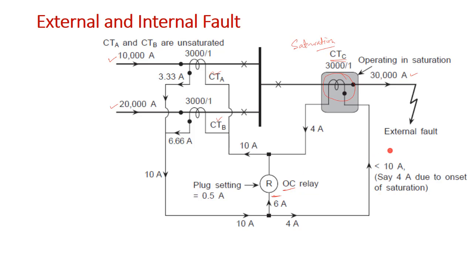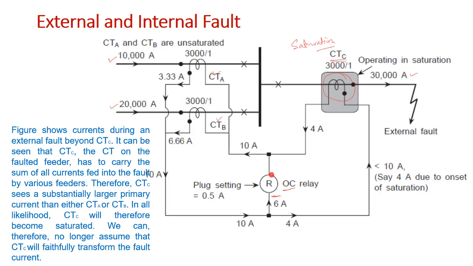So for an external fault, one of the CTs becomes overburdened, and because of that the current will pass through the spill path. The line which is overburdened, the CT installed in that line becomes saturated, right. Now we can see that the figure shows currents during an external fault beyond CTC. So here is the external fault.